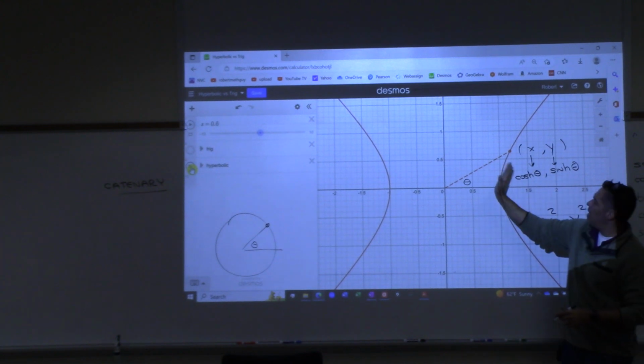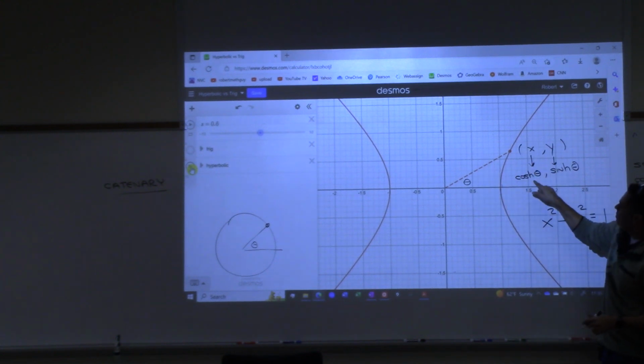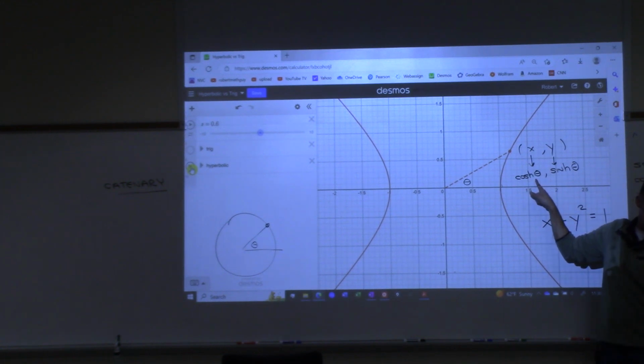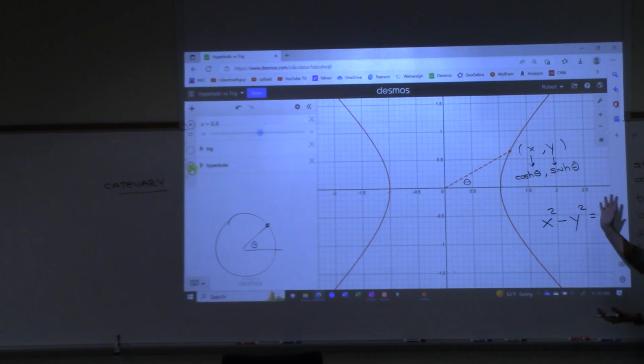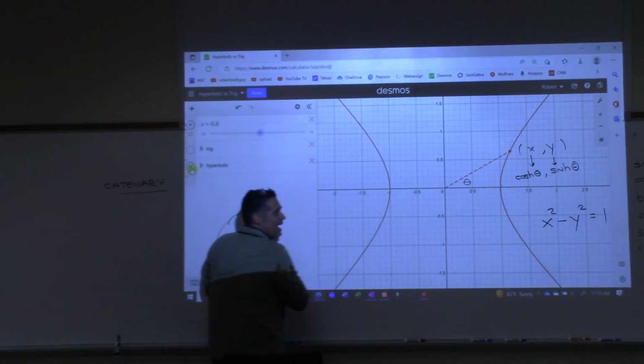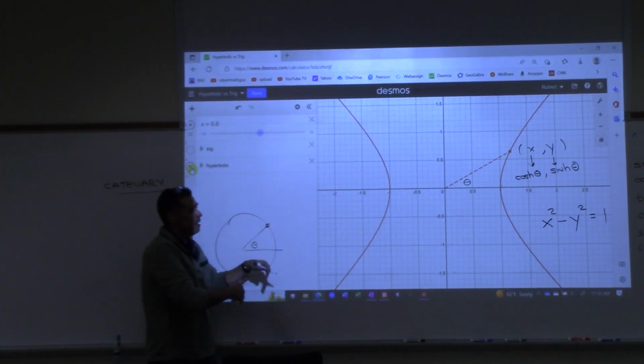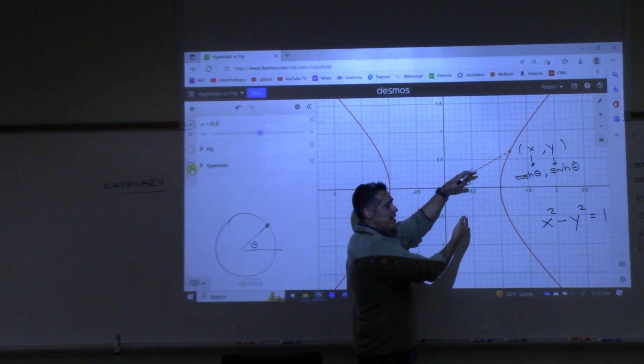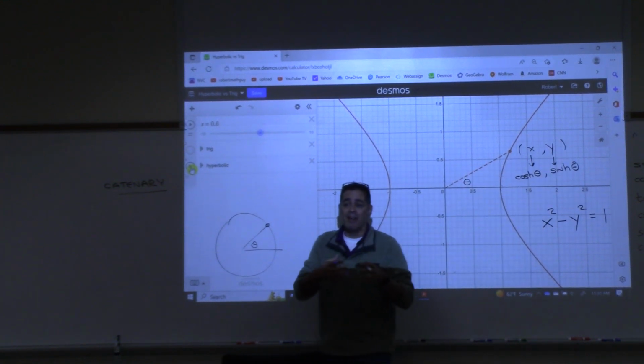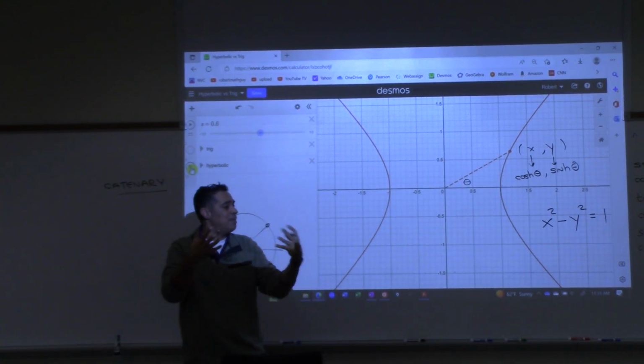So as you move theta, the value of this x is dictated by this hyperbolic trigonometric function, which I still have not precisely defined for you. I'm just trying to get you to see the similarity between that and this picture. The x and y coordinates are cosine and sine respectively. Here on a hyperbola, change the angle, the x and y coordinates are hyperbolic cosine and hyperbolic sine respectively.